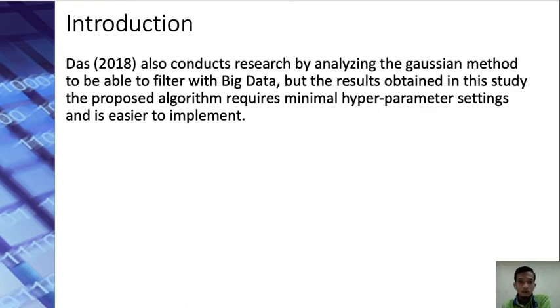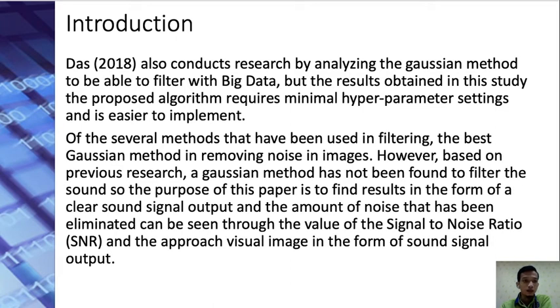Thus also conducted research by analyzing the Gaussian method to be able to filter with big data. But the result obtained in the study is that the proposed algorithm requires minimal hyperparameter setting and is easier to implement. Of the several methods that have been used in filtering, the best is the Gaussian method for removing noise in images. However, based on previous research, a Gaussian method has not been found to filter sound.